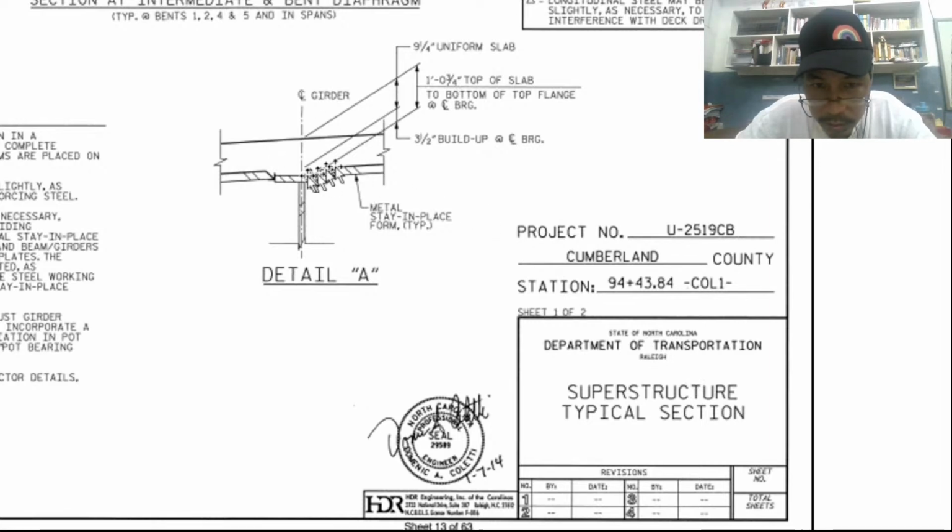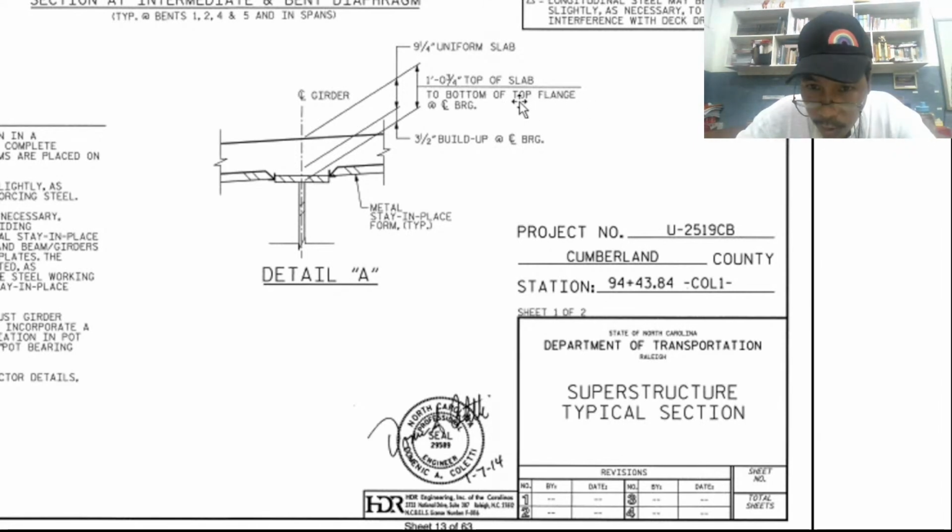Detail A. So this is the upper flange of the girder. So this is the dimension from this point to this point. That is what? 1 foot and 3/4 inch of top of slab to bottom of top flange.